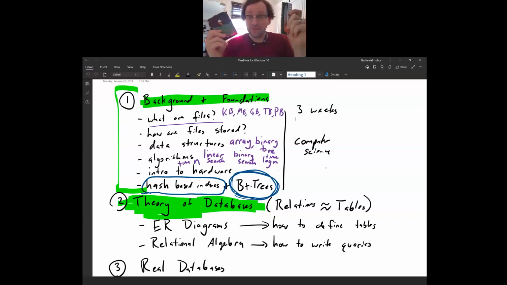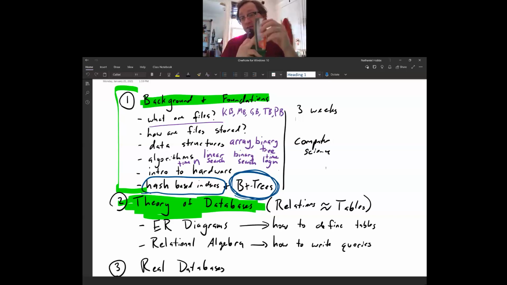It might also be the case that the index file is broken up into pieces. This is the case in, for example, a B+ tree, where the leaves of the tree could be stored on disk, but the upper data structure could be stored in something that could fit into RAM.